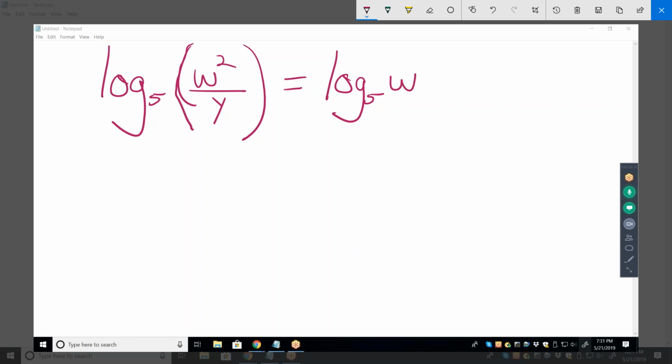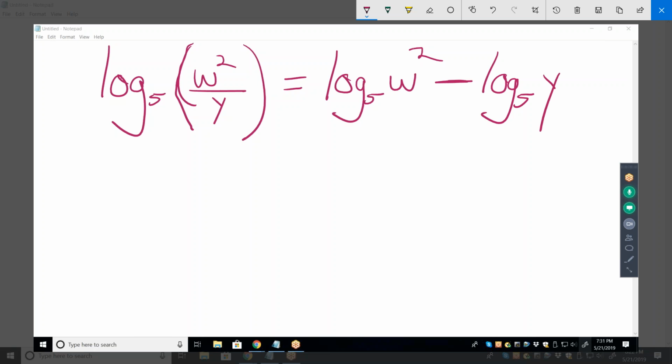So I'll give you a hint. What goes next? Log base 5. Is it an addition or a subtraction sign? Subtraction. Correct. Whenever you have division going on in the argument, you're going to be subtracting the log, just by your rules of logs.